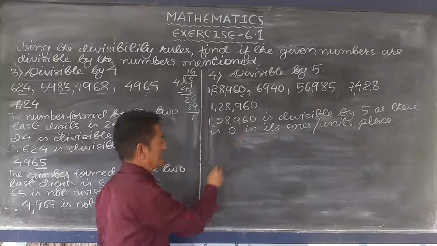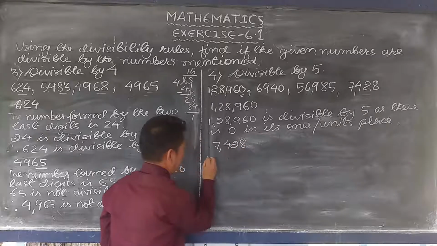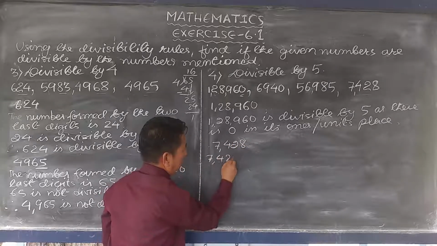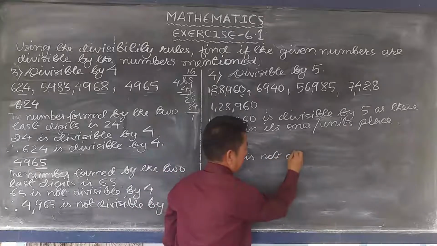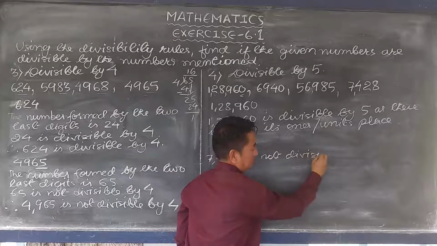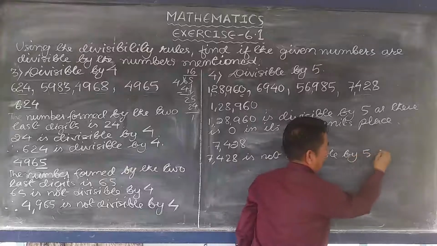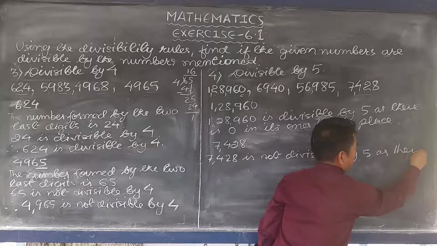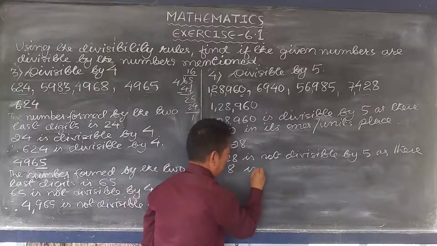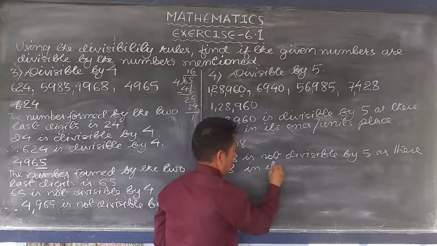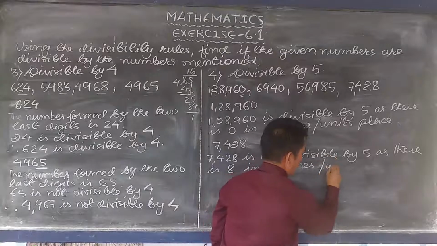Now I'll take another last one, 7,428. 7,428 is not divisible by 5 as there is 8 in its ones or units place.